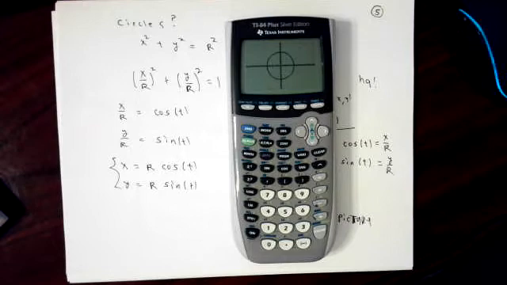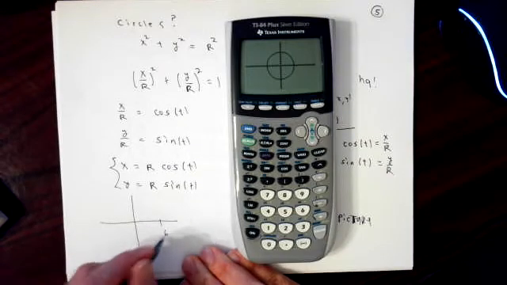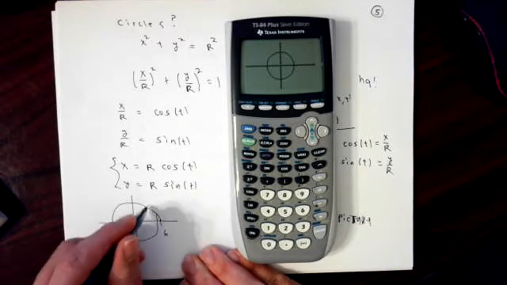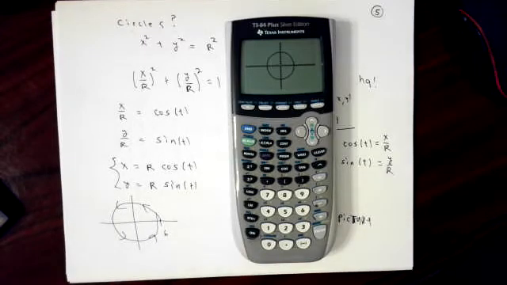It started on the positive x-axis, and the points were plotted by going in a counterclockwise direction. So if I wanted to represent this on paper, I would draw my circle, and I probably should draw little arrows indicating the orientation.